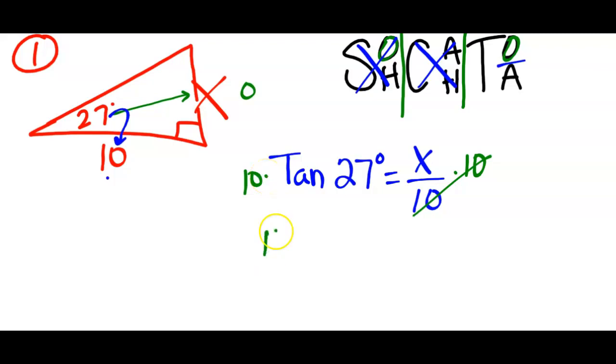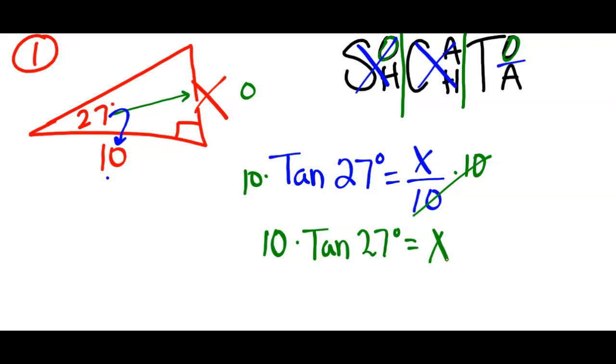So now, what am I going to enter into my calculator? 10 times, I'm going to use the tangent button, and I'm going to hit 27 degrees, and that's going to give me my value of x. So grab your calculator, type in the number 10, hit times, hit the tangent button, type in 27, and you are good.